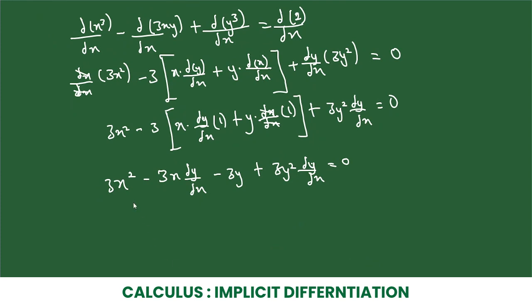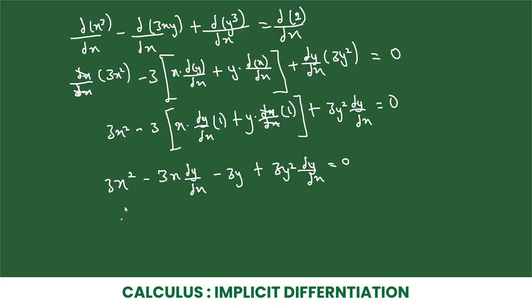Right. We are differentiating with respect to x, so it's the same as finding dy/dx. So let us move all the terms that do not have dy over dx in them to the right side so that we can make dy/dx the subject.